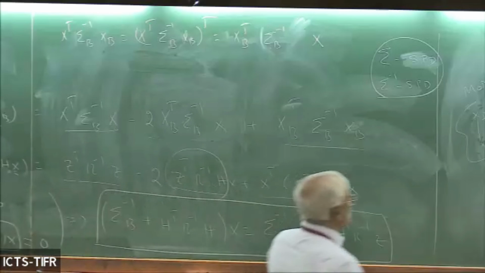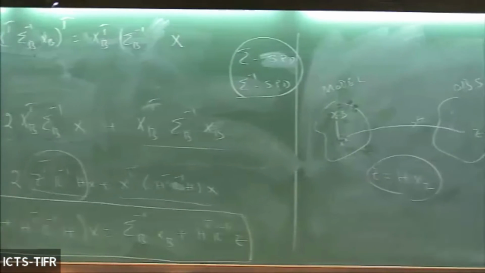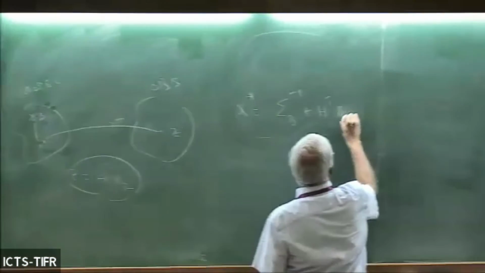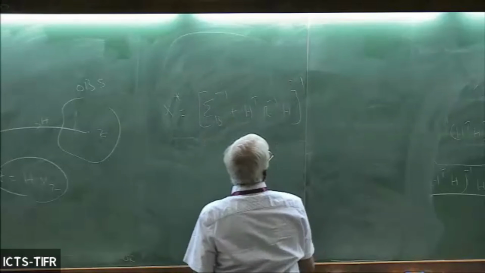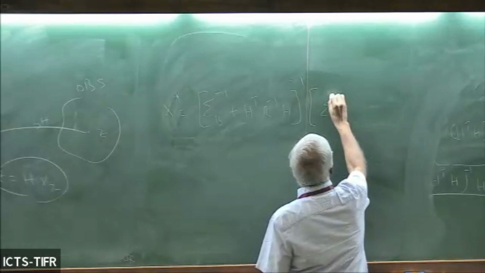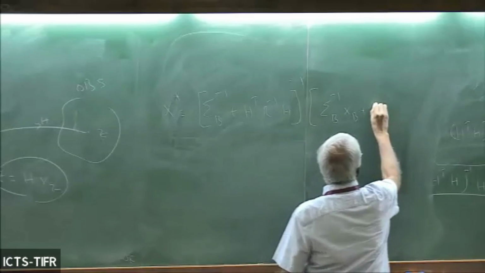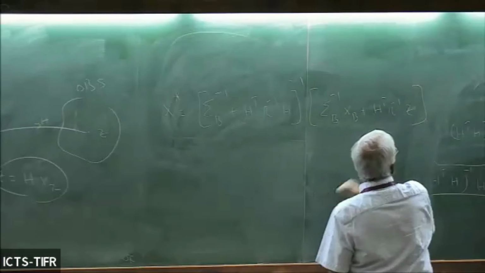So what is the actual value of the estimate? x star is equal to sigma b inverse plus h transpose r inverse h, inverse, times sigma b inverse xb plus h transpose r inverse z.